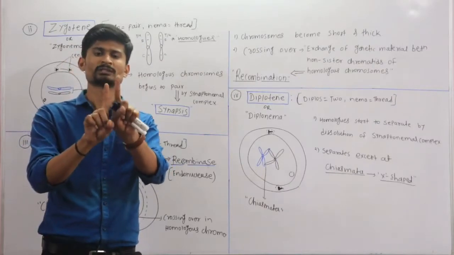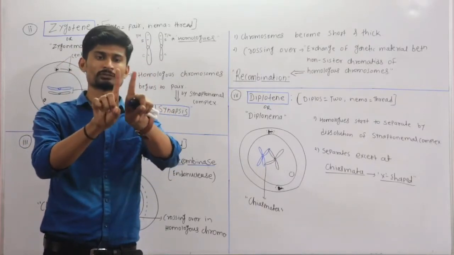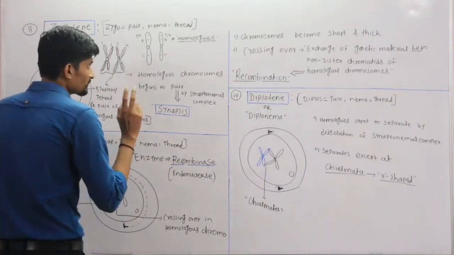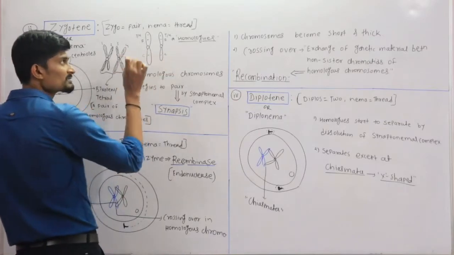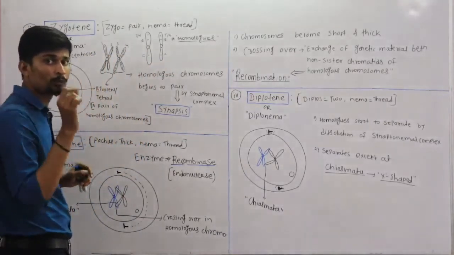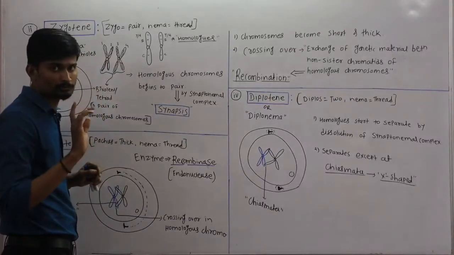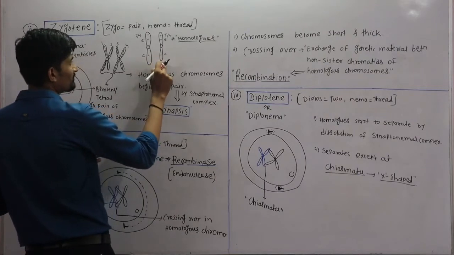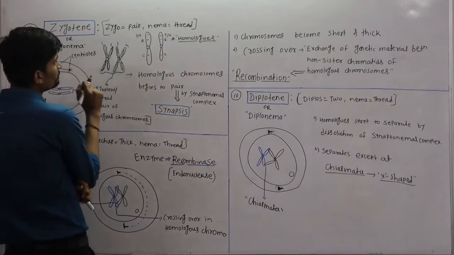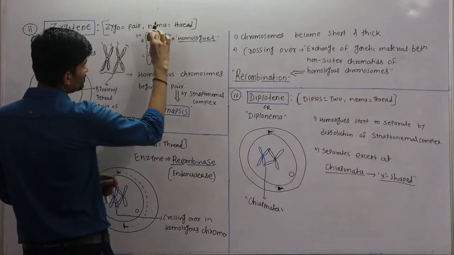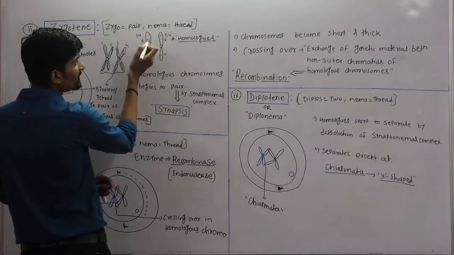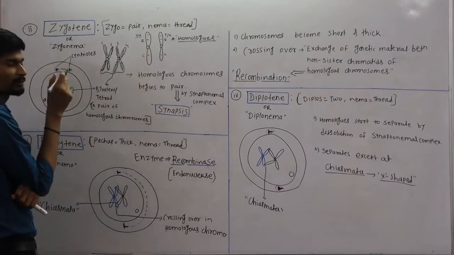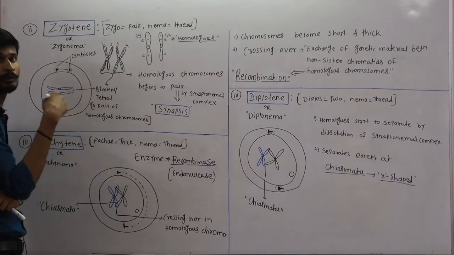Suppose these are the two chromosomes, one from father and one from mother, so these are homologous. Now not only this condition, but when such chromosomes have the same genes at the same locus, they are called homologous chromosomes. Suppose this is the chromosome from father and this is from mother. On the upper side of this chromosome there is a gene which codes for height, capital T or small t, maybe tall or dwarf, but it codes for height.